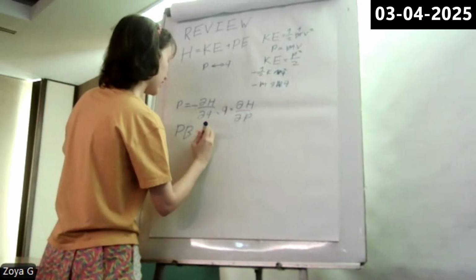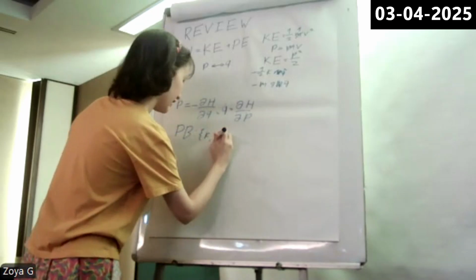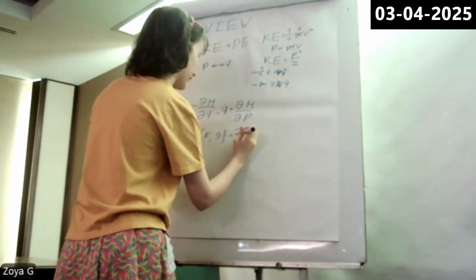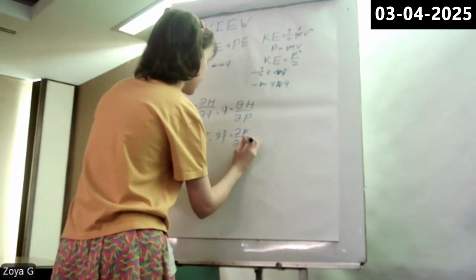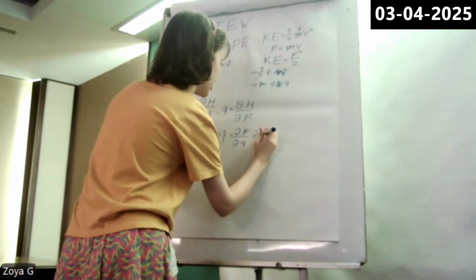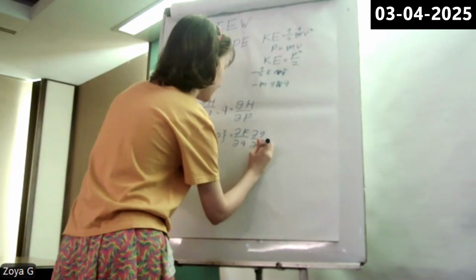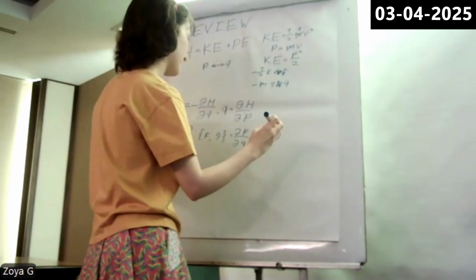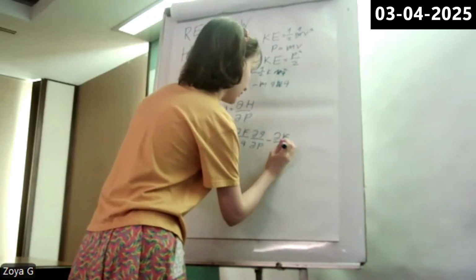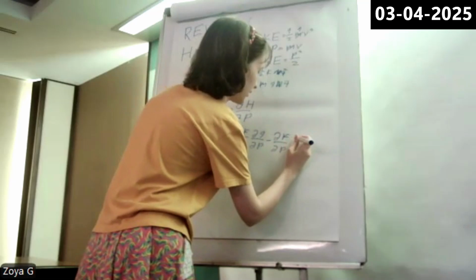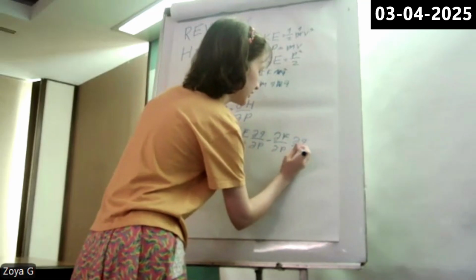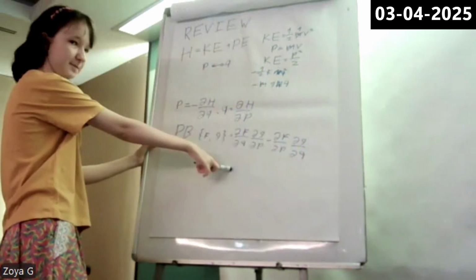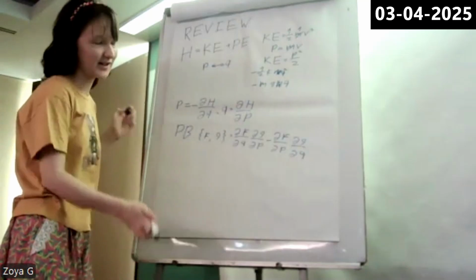So a Poisson bracket of two functions f and g is equal to partial f partial q partial g partial p minus partial f partial p partial g partial q. This is a Poisson bracket, or at least the canonical definition of it.